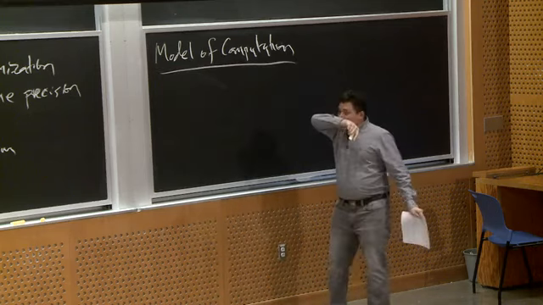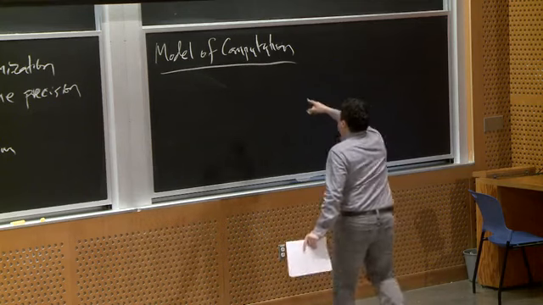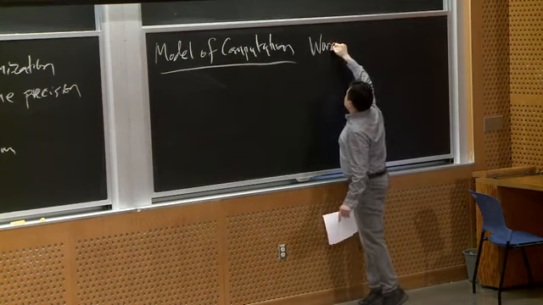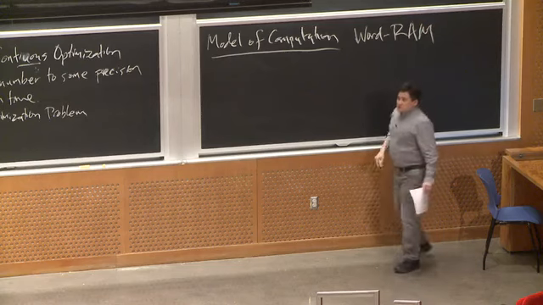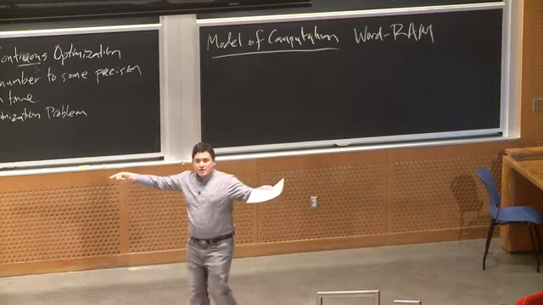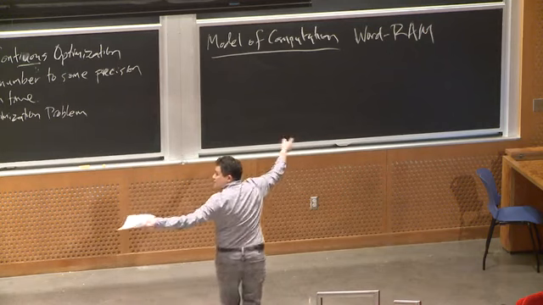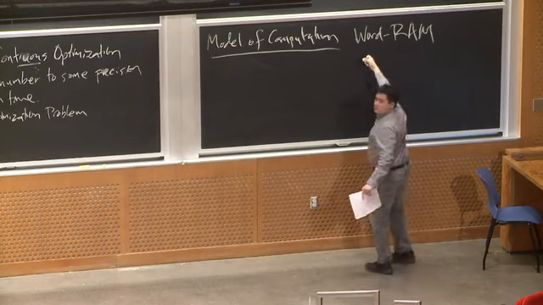So what we've been talking to you in terms of model of computation is our word RAM, right? Word RAM. That essentially says I can do arithmetic operations and I can look up stuff in my memory in constant time, but if I allocate a certain amount, I have to pay that amount and that kind of thing. So that's this word RAM model.